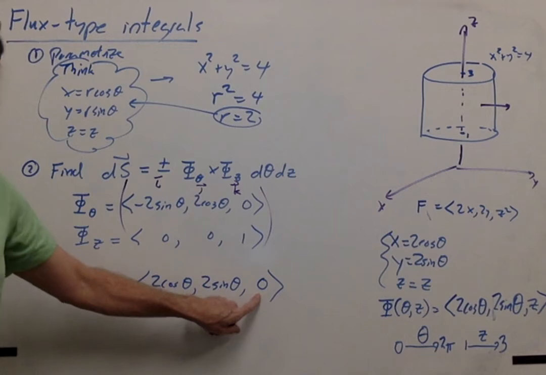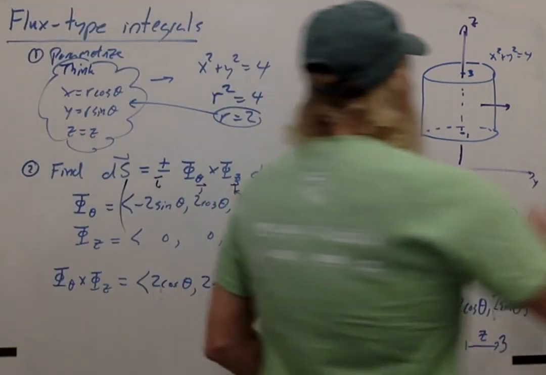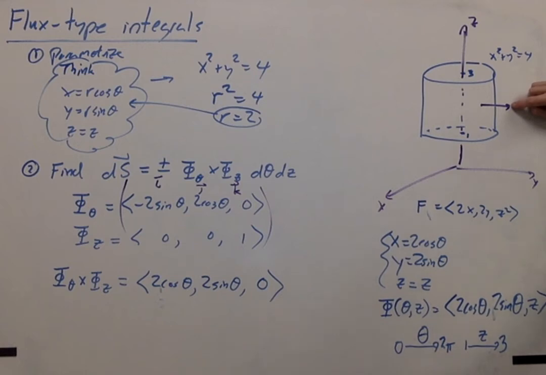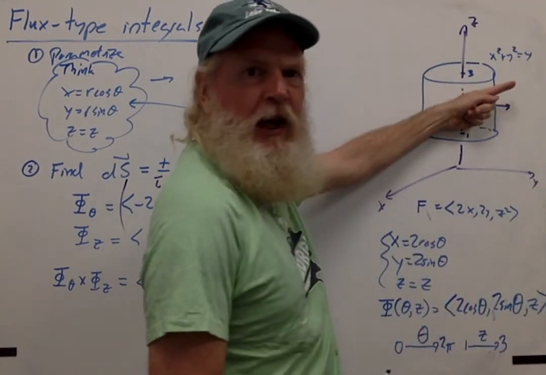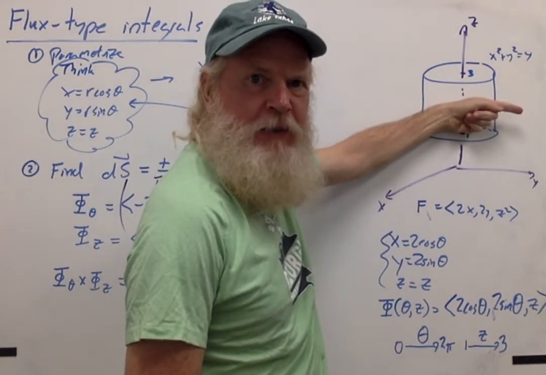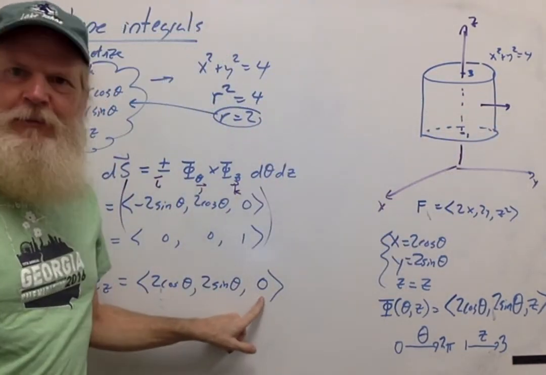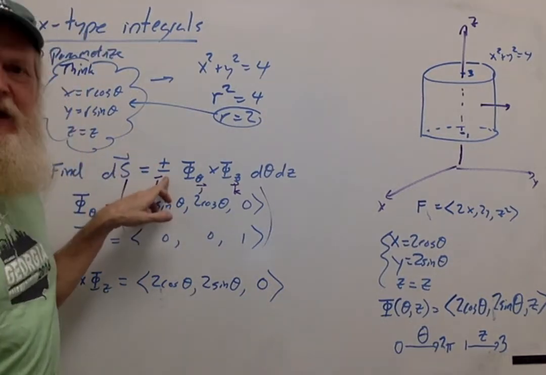Now, we're not too surprised that the z component of the cross product is equal to 0, because notice that any normal vector to the cylinder is going to be parallel to the xy plane. So that means that its z component is 0. If it were pointing upward, it would have a positive z component. This would be a negative z component, but since it's horizontal, the z component is 0. So that's not going to help us choose the plus or minus.